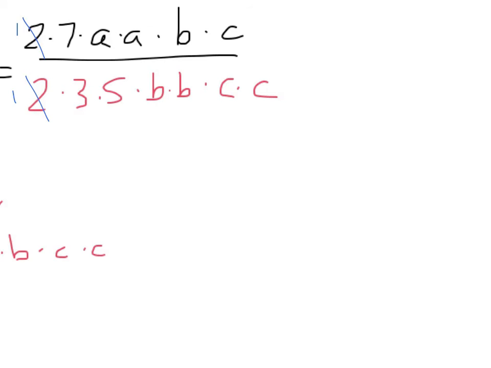Can't cancel any there. This guy has a b, and there's a b on the bottom, so cancel 1 on top, cancel 1 on bottom. Can't cancel any more b's. They don't share any more b's, but how about c's? So they both have 1 c to give. So what am I left with? Well, I have this 7 times a times a on top, over 3 times 5 times b times c.